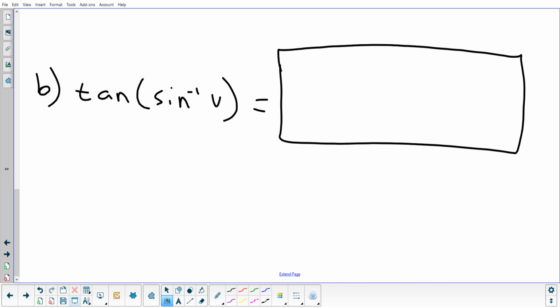Set the inverse sine equal to theta. Now take the sine of both sides. That's the only way to cancel a function out: take the inverse.